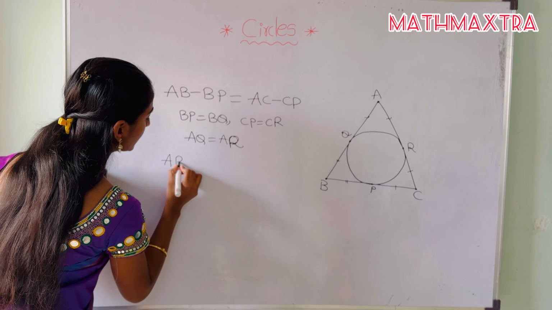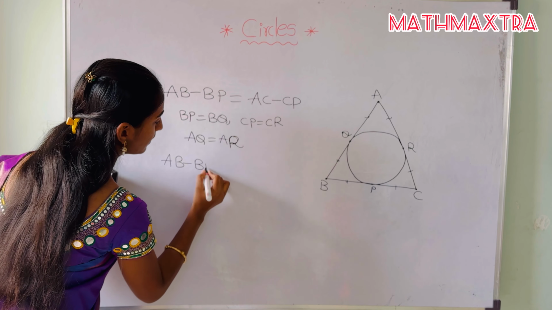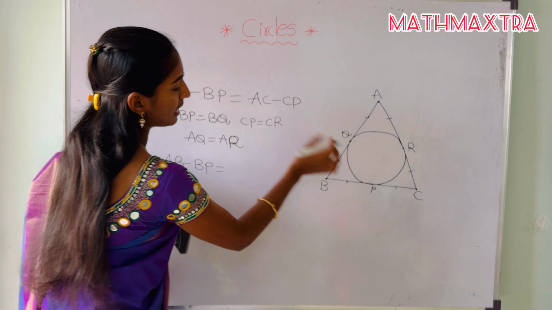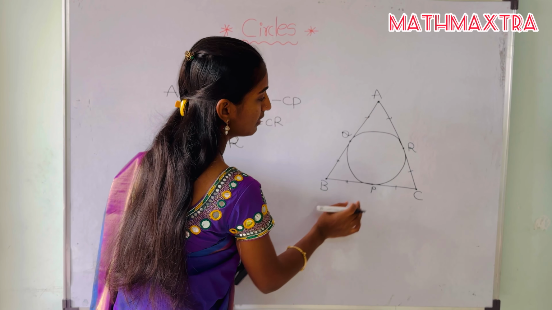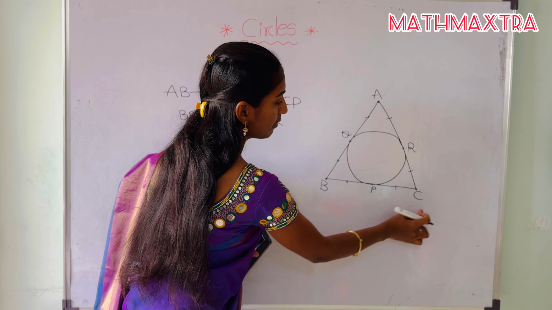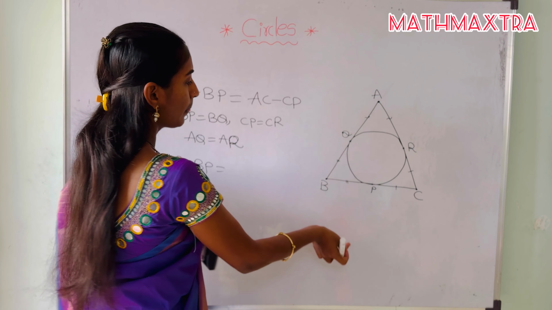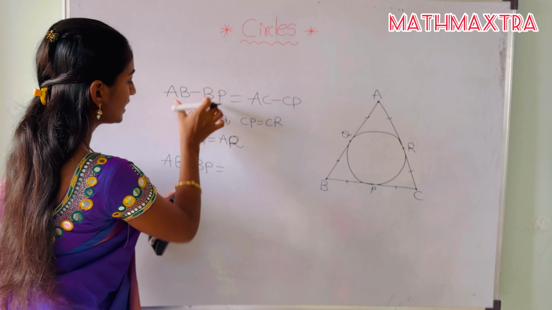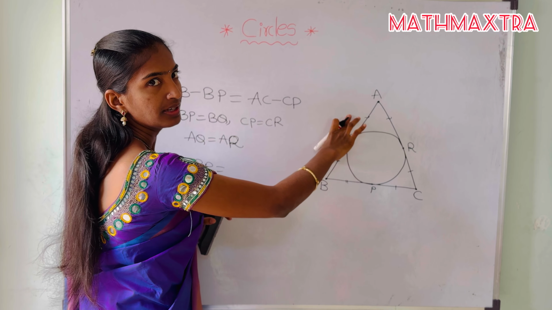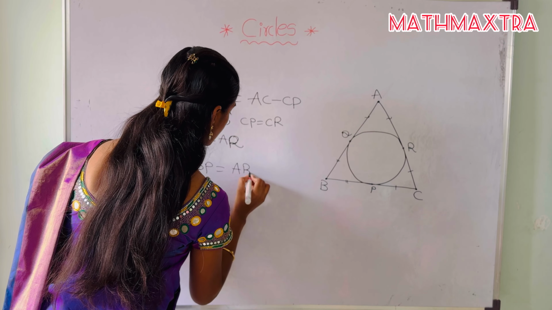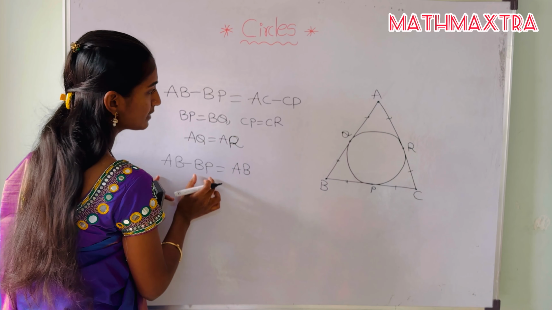I have to prove that AB minus BP is equal to AC minus CP. I have considered the left side term AB. This is AB and this is BP.